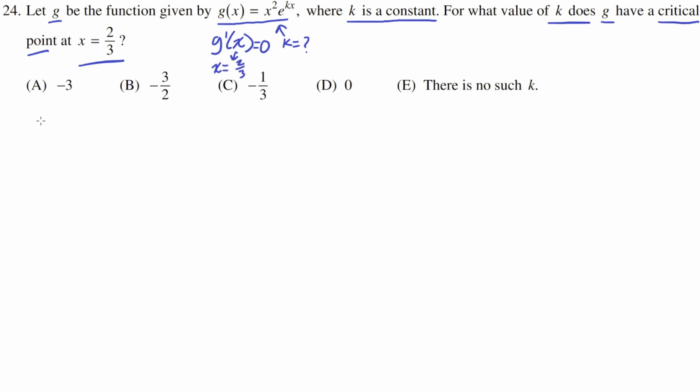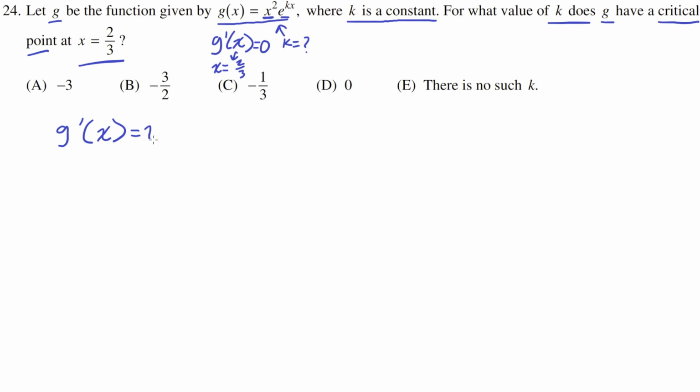So to solve for this k, we can first find the derivative, g prime of x. Here we have two functions of x, x squared and e raised to the kx, so we'll have to do some product rule.